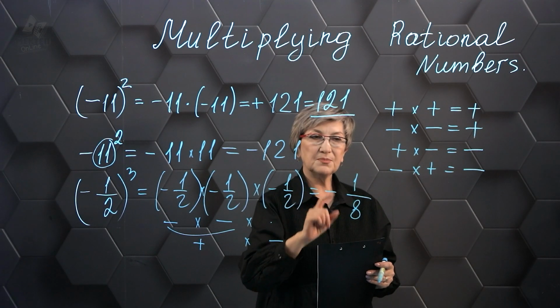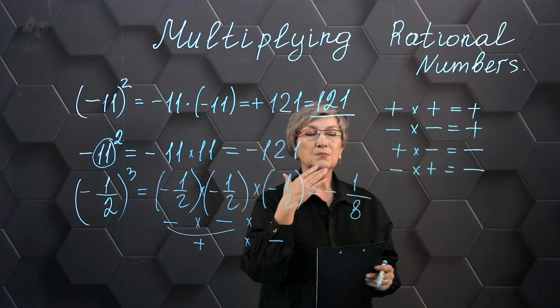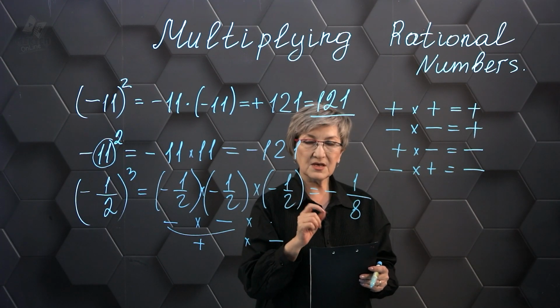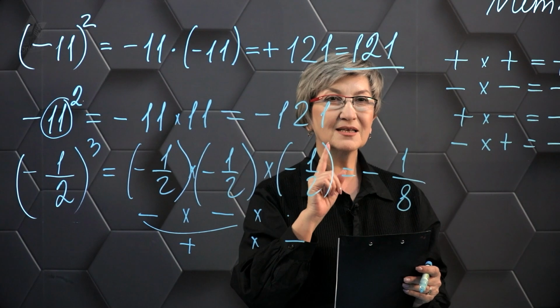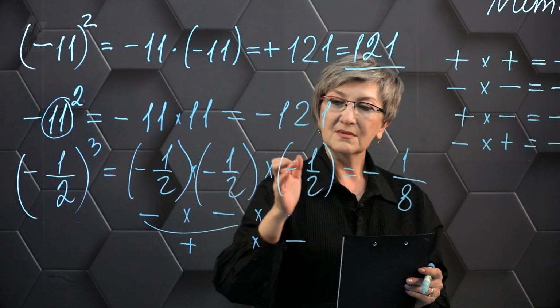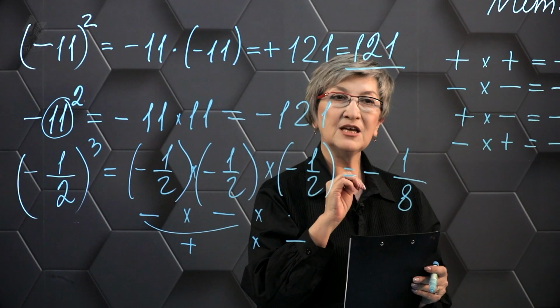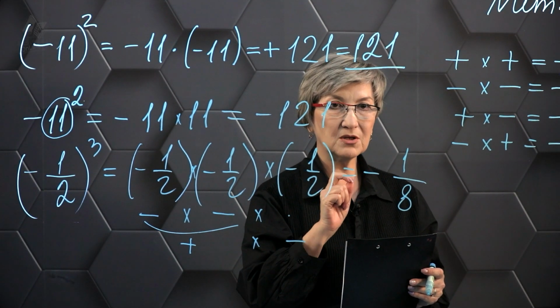When you work on problems with various numbers and signs, we first consider the sign of the product and then we write it down. But I want to draw your attention to the following. We notice 3 minuses, an odd number of times. Thus, we end up with a minus.